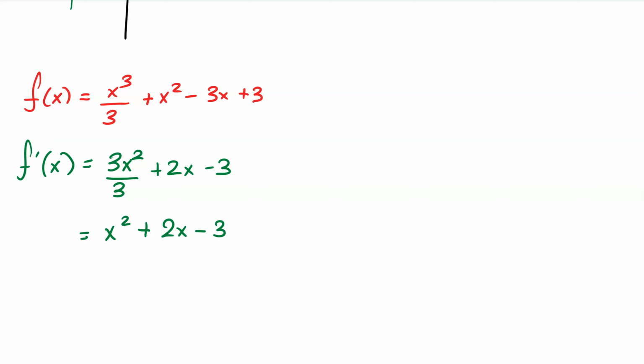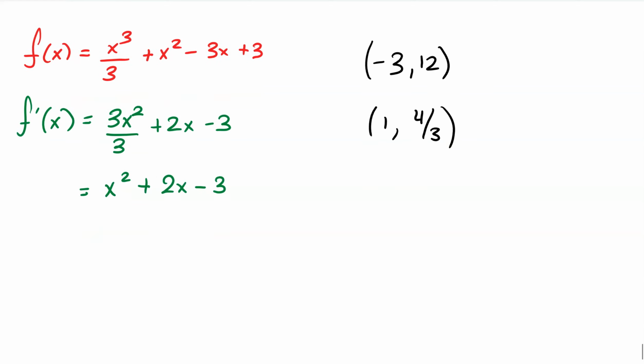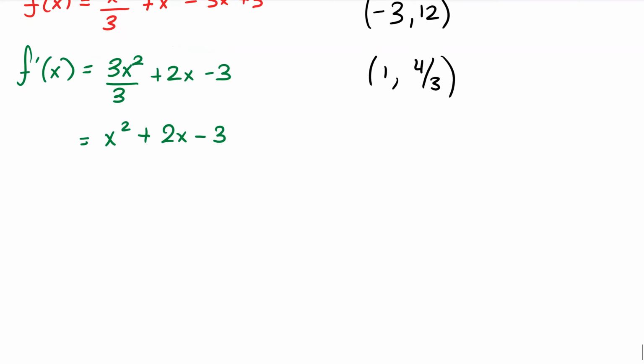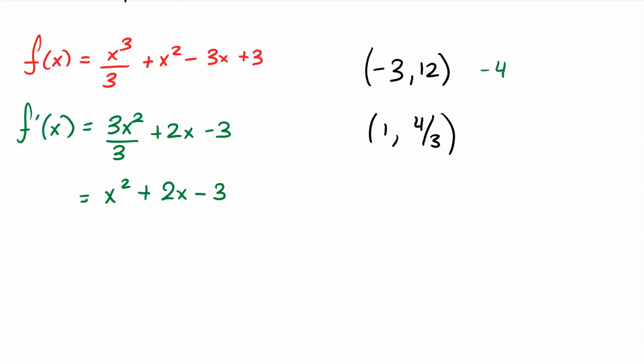And now, since you know that the turning points are (-3, 12) and (1, 4 over 3), what you might want to do is choose x values on either side of either point to determine which one is your maximum and minimum. So I might test two points over here, -4 and -2, and over here I might test 0 and 2, to see what kind of gradient I get.